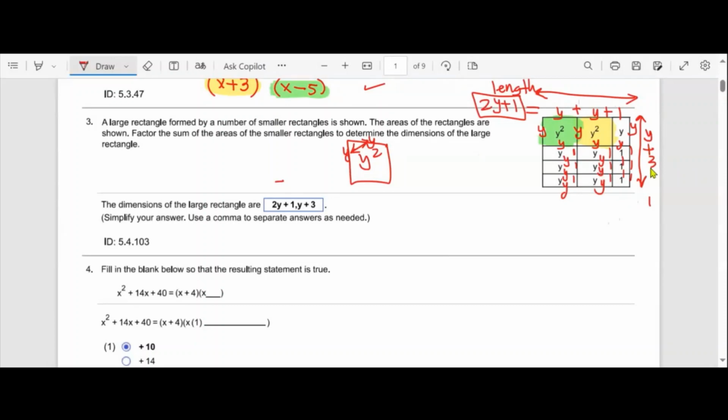Easy method. That's the width, right? So you got 2y plus 1 as the length, and here the width is y plus 3. Is this clear? Clear.